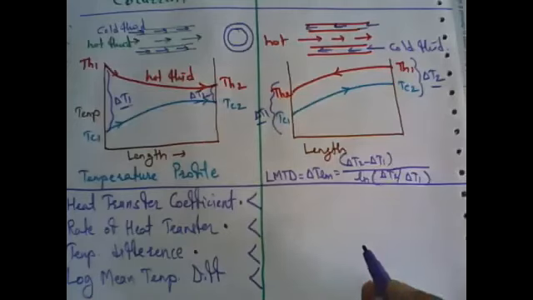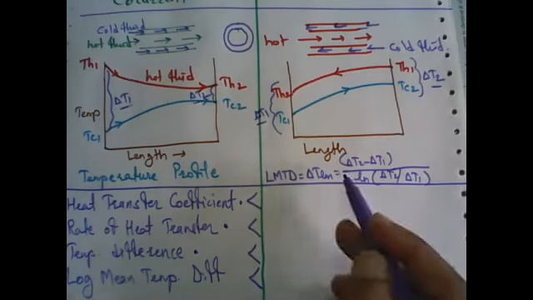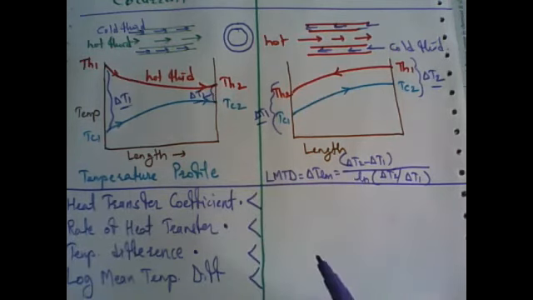So on the basis of numericals also, we can calculate the LMTD value and compare the values of co-current as well as counter current, and we obviously find that the LMTD value of counter current flow is more, and the rate of heat transfer in counter current flow is more.